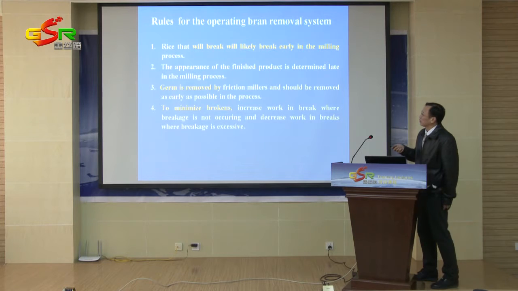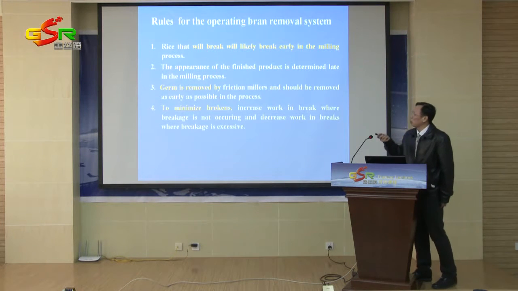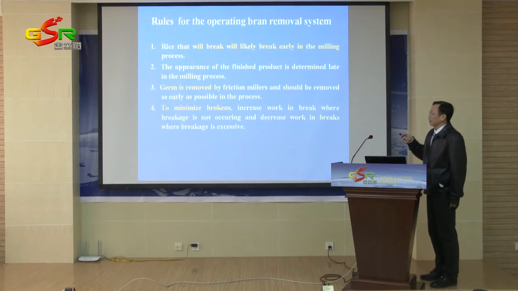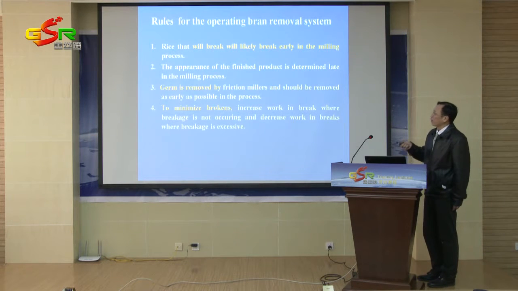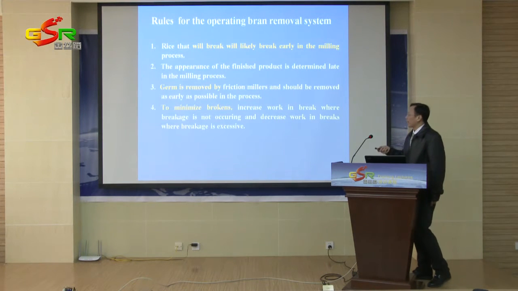Thirdly, the germ is removed by the friction miller and should be removed as early as possible in the process. Fourthly, to minimize breakage, increase work where breakage is not occurring, and decrease work where the breakage is extensive.